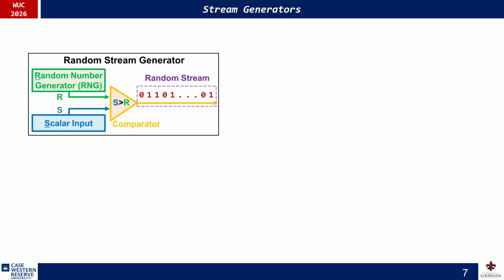At each clock cycle, S, the scalar value to be represented, and R, the RNG output, are compared in terms of whether S is greater than R. If this is the case, the output returns a 1. Otherwise, it's 0. After D clock cycles, the total dimension of the stream, I have my randomly generated vector.